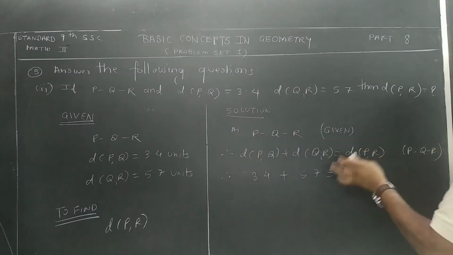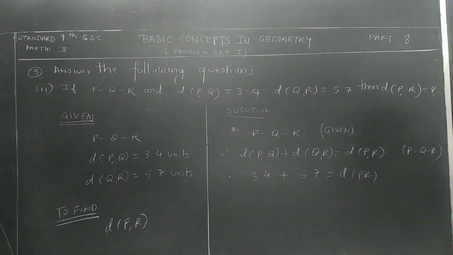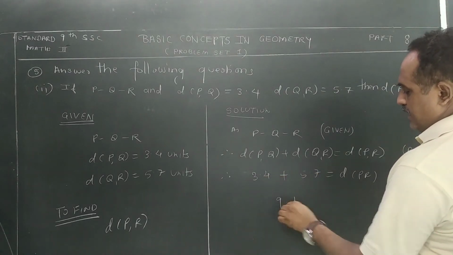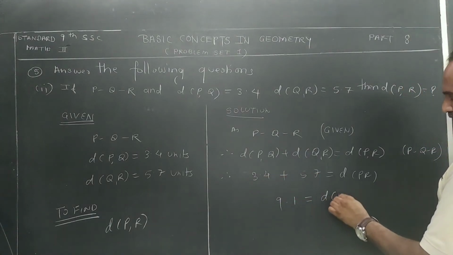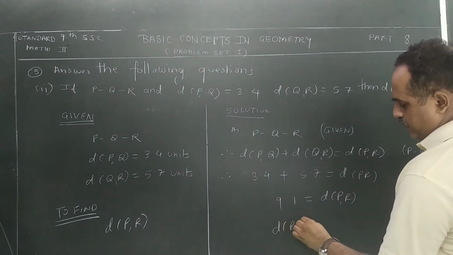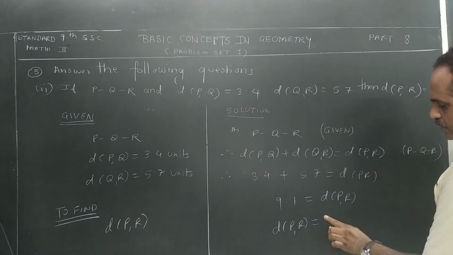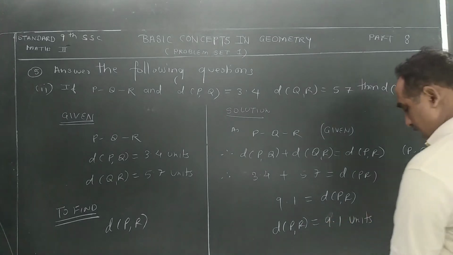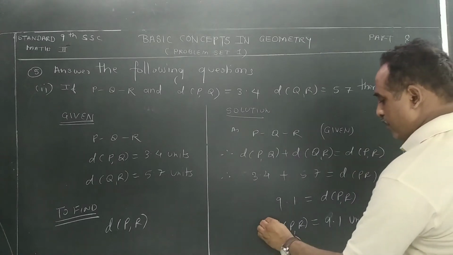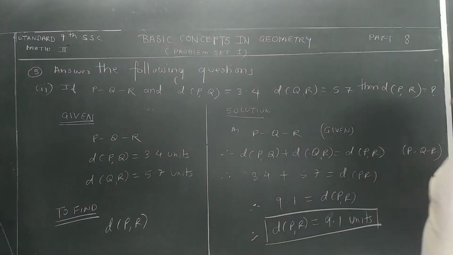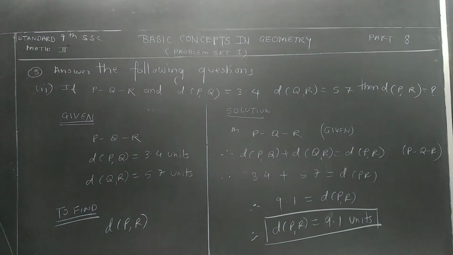So 3.4 plus 5.7 is equal to distance PR. So distance PR is equal to 9.1 units. And you are going to put this in a box and put the therefore sign properly. This is your answer for the second question of question number 5.